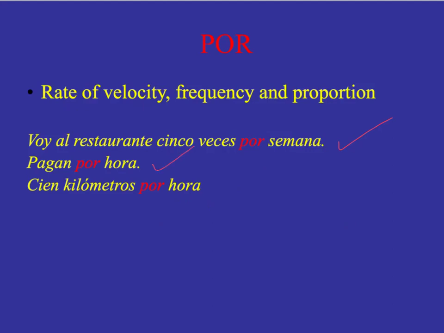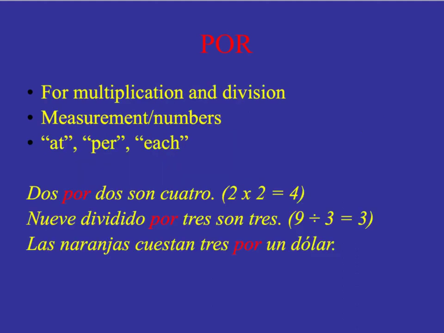They pay per hour, 100 kilometers per hour. Math also uses por for multiplication, division, and measurements or numbers, if you're trying to say "at," "per," or "each." So 2 times 2 is 4, 9 divided by 3 is 3. The oranges cost three per dollar.